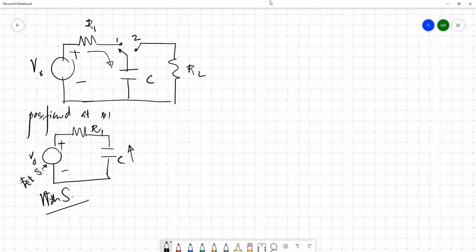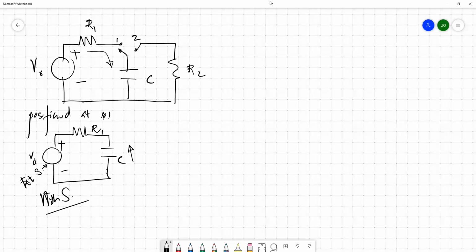For this case, the capacitor doesn't have energy to drive the circuit, and this external source is the one that charges or drives the circuit. This is the category we identify as with source. With source means the circuit is powered by an external source.